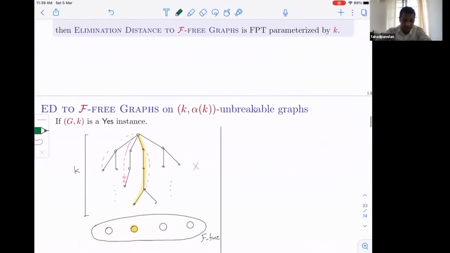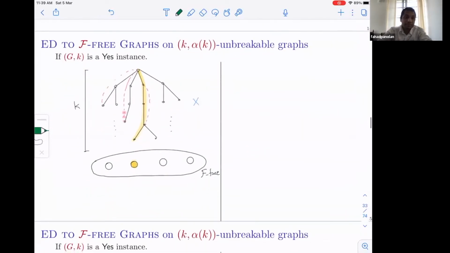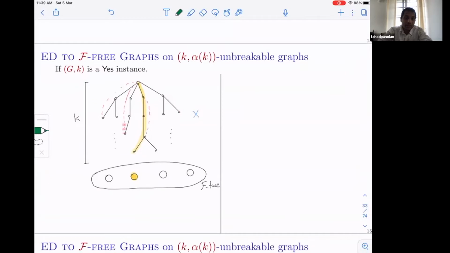So we want to design an algorithm for elimination distance to F-free graphs where we assume that our input graph is k alpha k unbreakable. Now suppose my input is a yes instance, which means that the elimination distance is at most k.